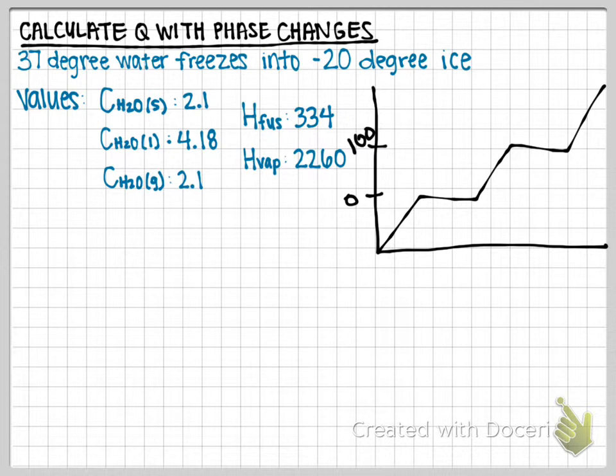So I'll just write right here is where you're starting, 37. And you are going down to ice that is negative 20 degrees. Alright, so this tells you that you are going to need three equations. You need the Q of the liquid, you need the Q of fusion, and you need Q of solid.